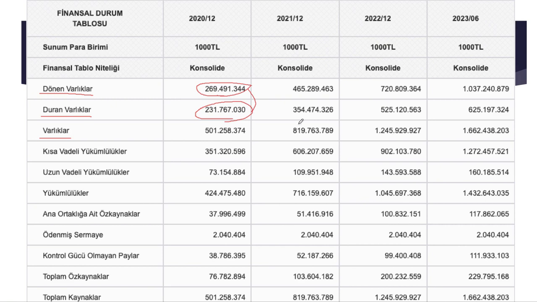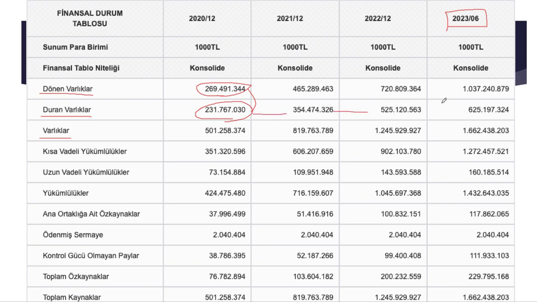As we see, this is 2020 and 2021 and so on. This is as of June, because the year wasn't completed when I collected this data. This was the latest balance sheet available, and we can see a rapid increase in all these numbers.